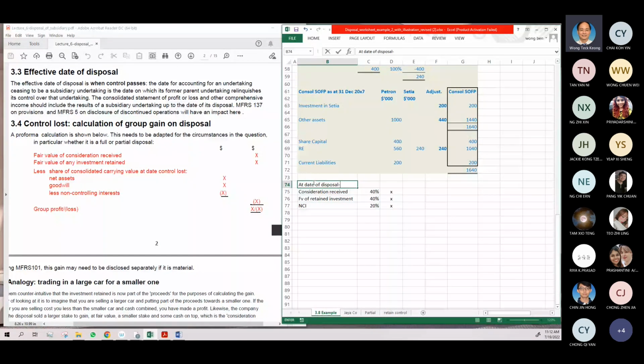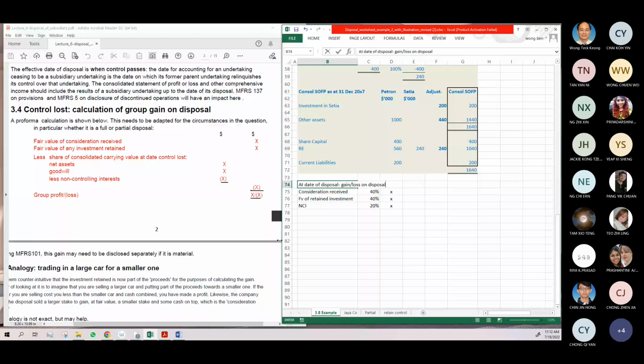Okay, we compute gain or loss on disposal. And when you sell off you receive the money, so you must less your net assets. Same like your goodwill computation, you will also less your goodwill, because now no more your subsidiary. You dispose of. The 80% becomes 40%. So this one is loss of control. So control is lost.